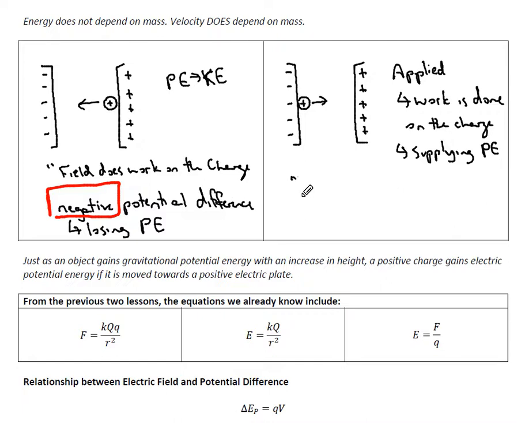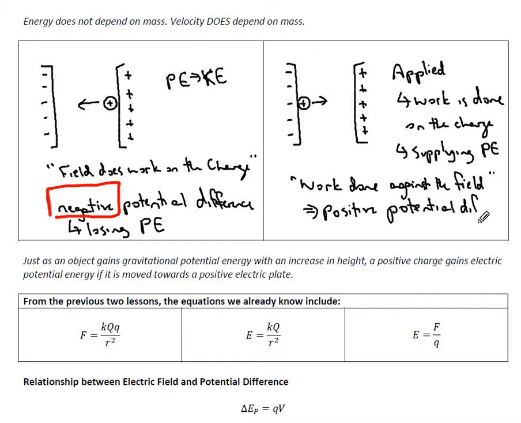So when we have work done against the field, this is what we call a positive potential difference. Okay, so this is positive, the other one's negative.